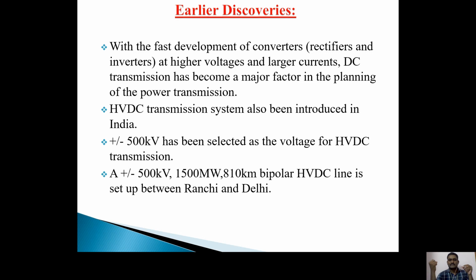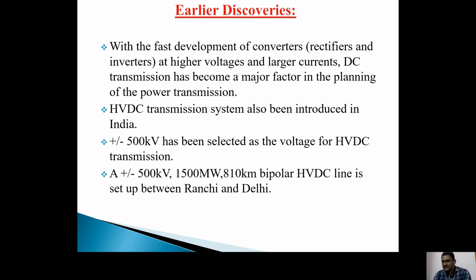HVDC transmission has also been introduced in India. An operating voltage of plus or minus 500 kilovolts has been selected for HVDC transmission. A plus or minus 500 kV, 1500 megawatts bipolar HVDC line is set up between Ranchi and Delhi, which belongs to India.